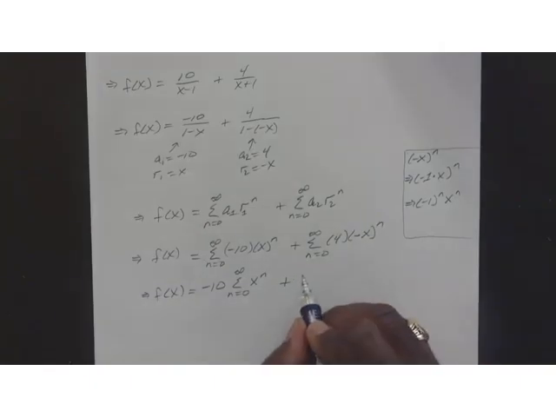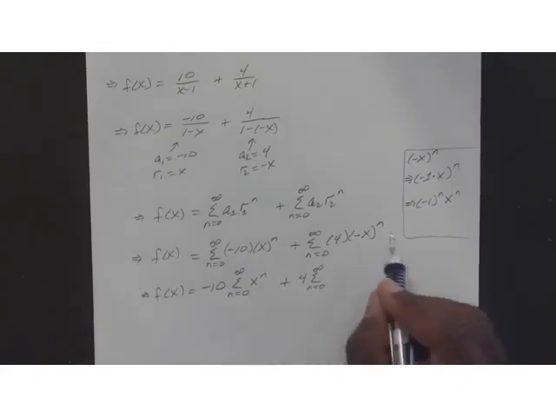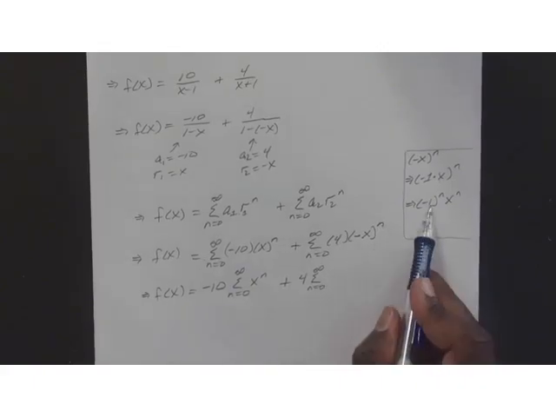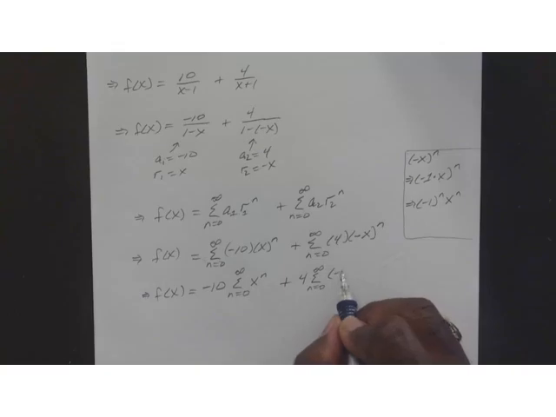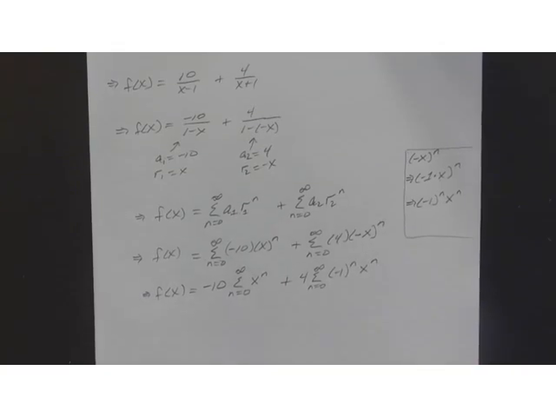We just factor that 4 out to the front, times the sum from n equals 0 to infinity, and that negative x to the power of n, we just rewrite as negative 1 to the power of n times x to the power of n.